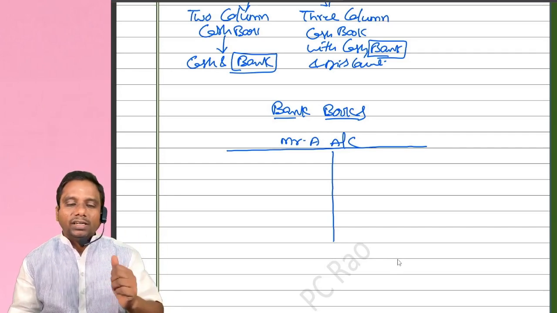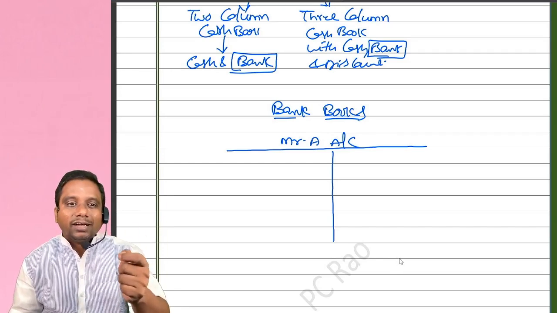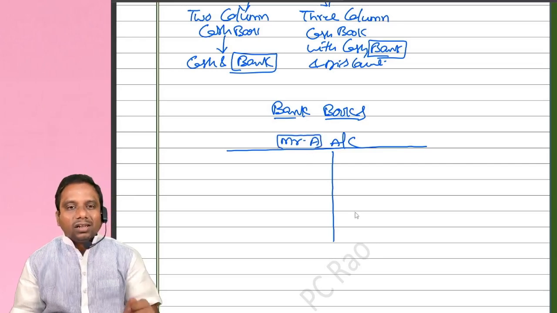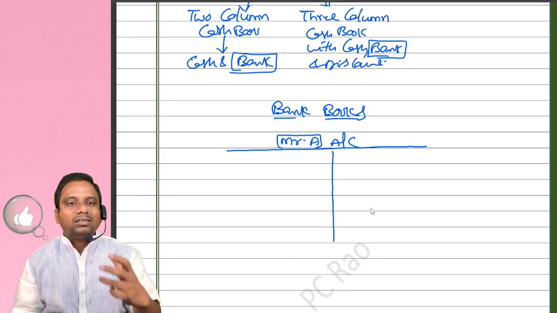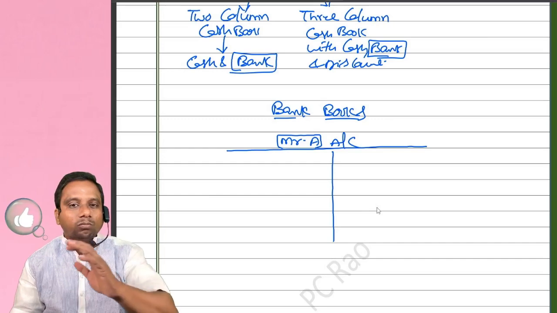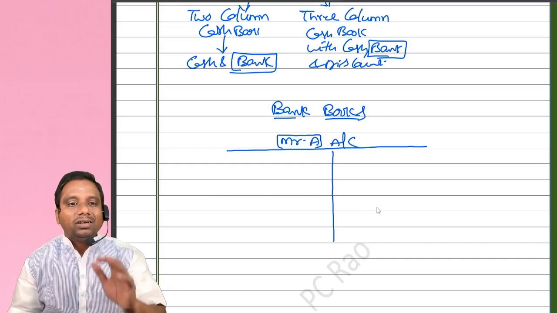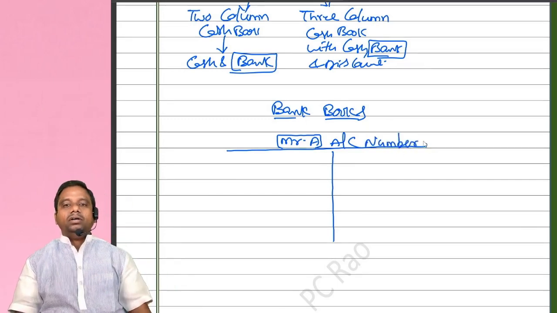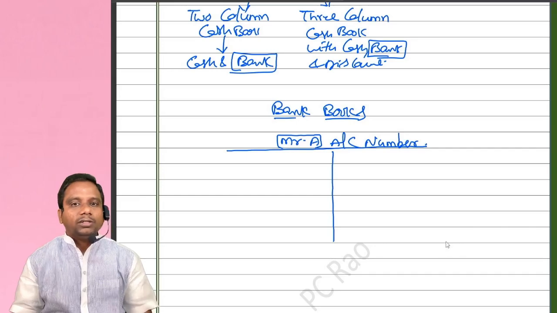You have opened an account, you will get an account number. There are so many people with the name Mr. A, surnames may be different, but the bank will not recognize you by your name. The bank will recognize you only by the customer account number. Hope you are following.